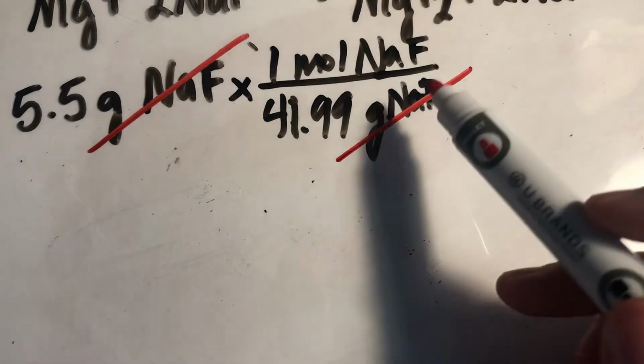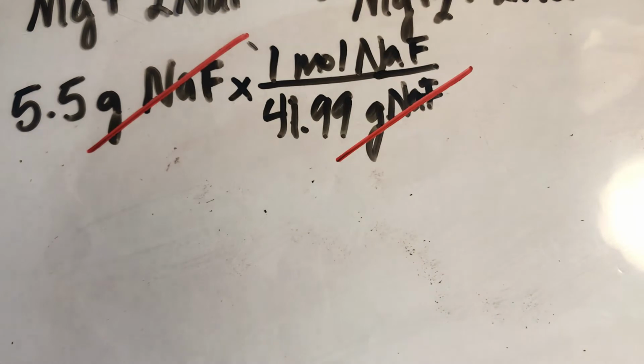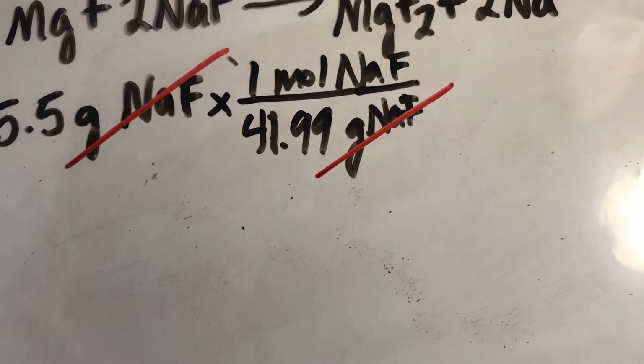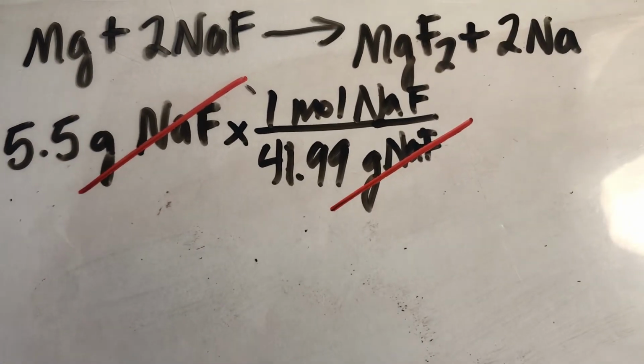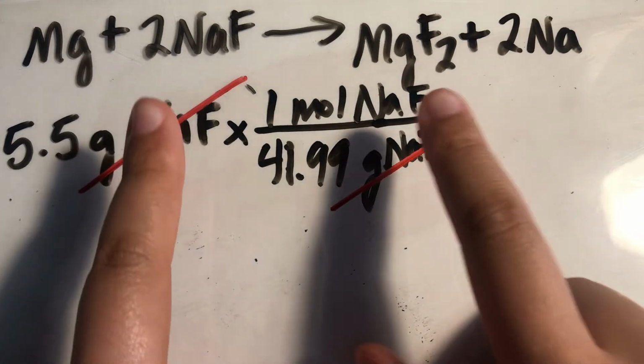So now that I have this transformed into moles, I am at that stepping stone step, to relate something about our sodium fluoride to something about our magnesium fluoride. And how we do that is our balanced equation, okay? So now I need to relate the molage, that's totally a technical term, of sodium fluoride to the molage of the magnesium fluoride. So I look right out front.